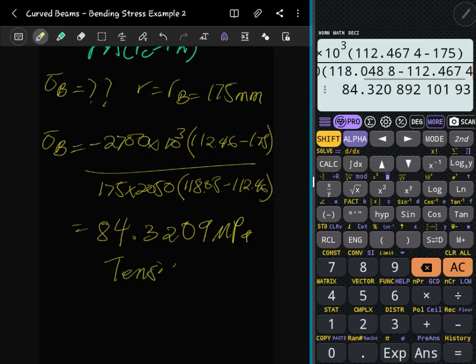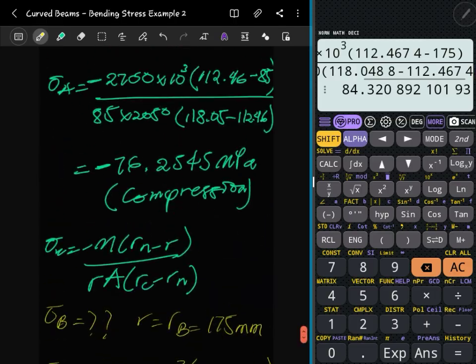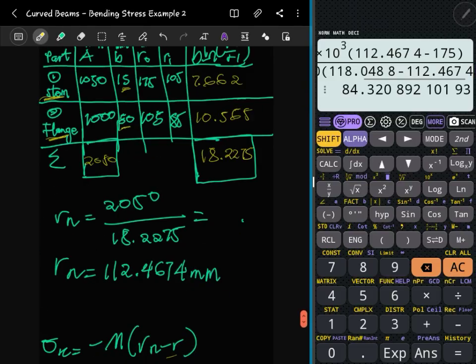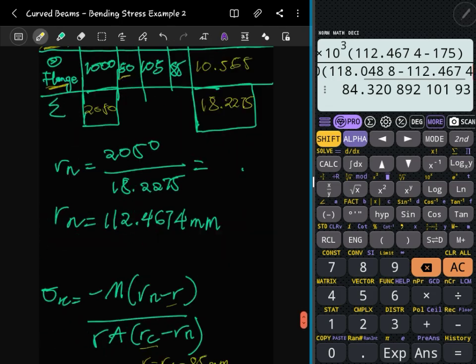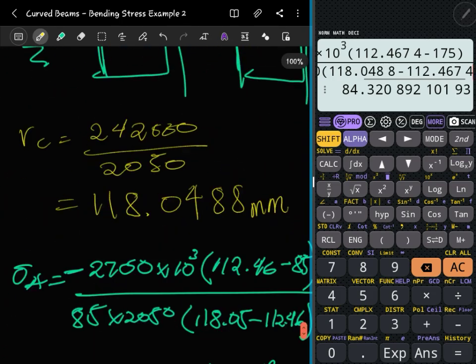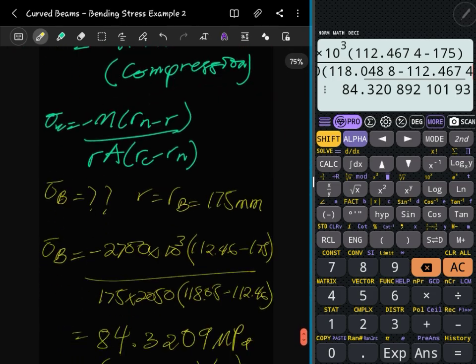So we look at the diagram to see what's actually happening at B. You see this side here is being compressed by the moment, so negative, we had a compression there, and B is actually being stretched. This side is being stressed, that's why it's tension there. All right, so that's it for this example as well.